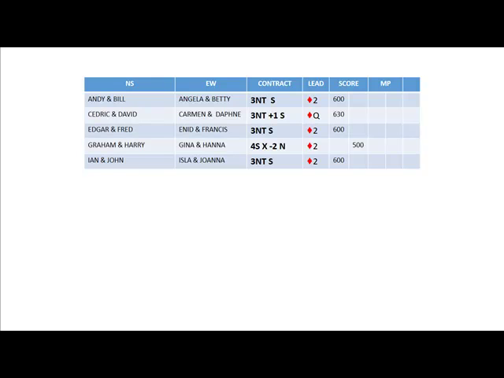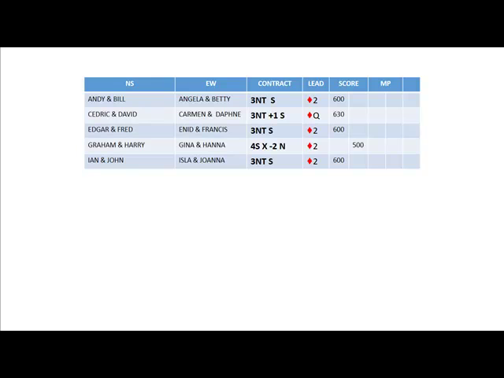Whereas Graham and Harry would have had to give to Gina and Hannah, the East-West, they'd have to give £500. They're £500 in debt on that particular hand. That's a difference of £1,100. Sure, Cedric and David did quite well, but they only get an extra £30.